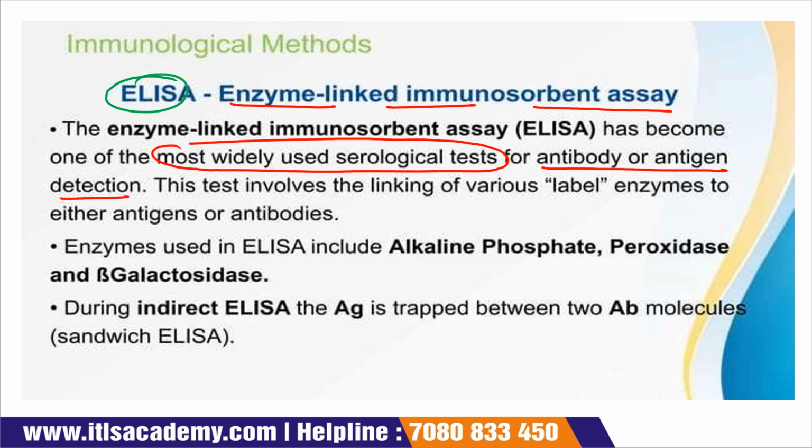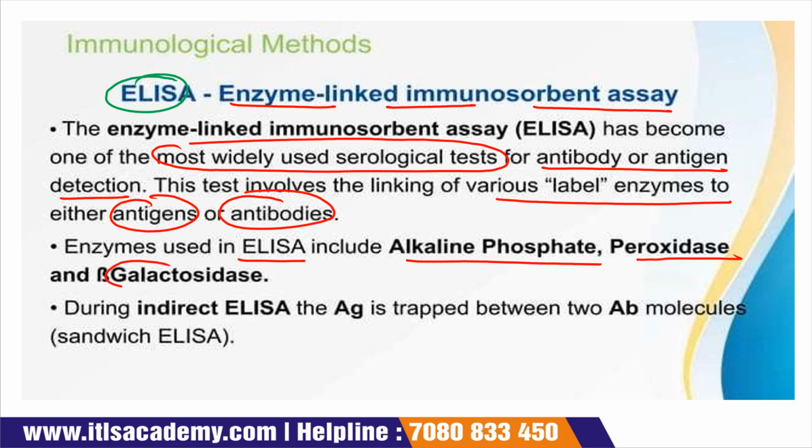This test involves linking various enzymes, either to antigens or to antibodies. The enzymes used in ELISA are like alkaline phosphatase, oxidase and beta galactosidase. During the indirect ELISA, the antigens are trapped between two antibody molecules, and it is called a sandwich ELISA.